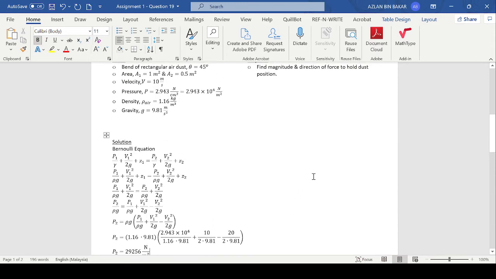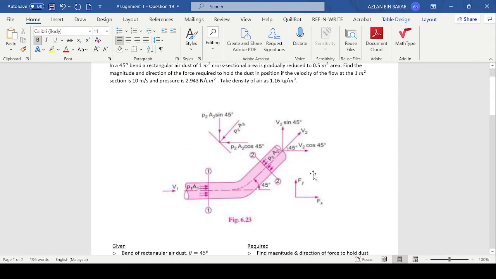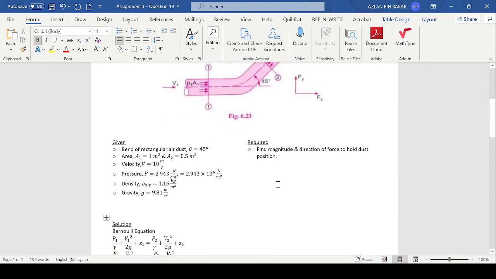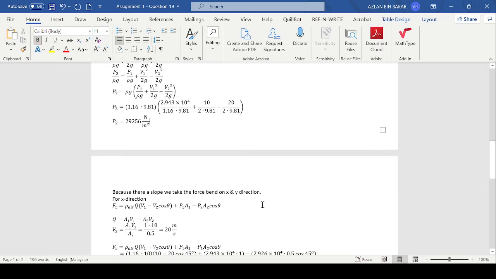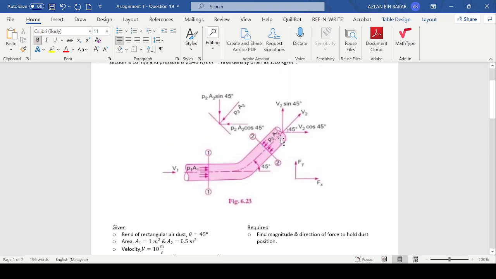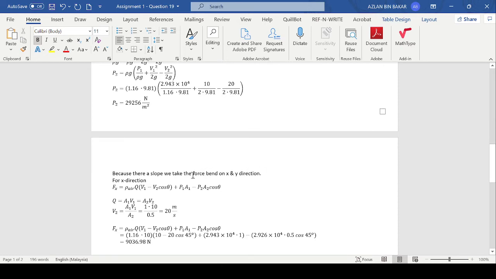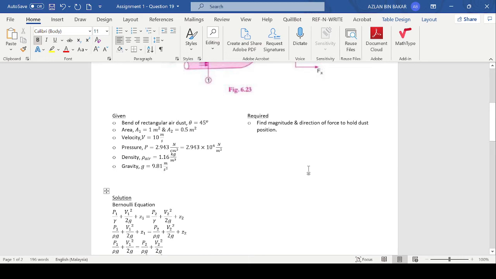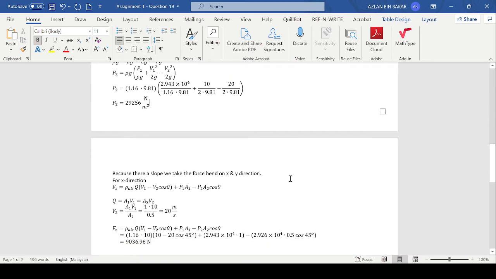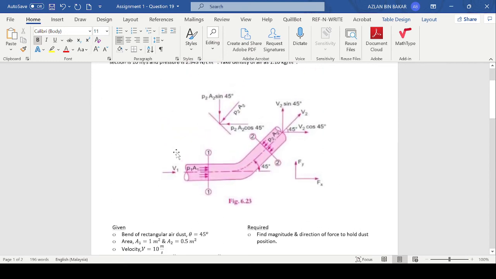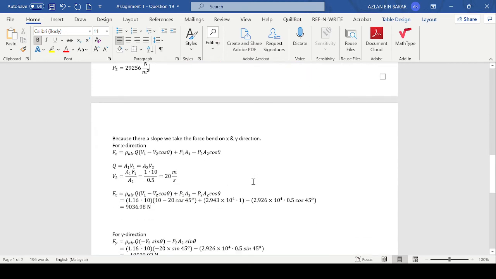After we find the unknown pressure, because there is a slope in this tube, we must take the force acting in the x and y directions.